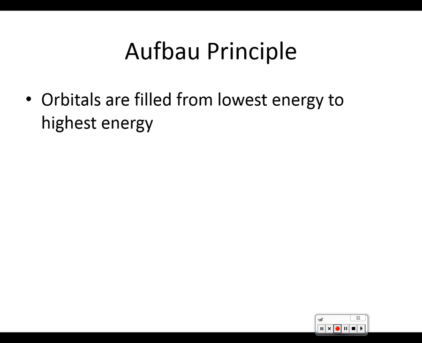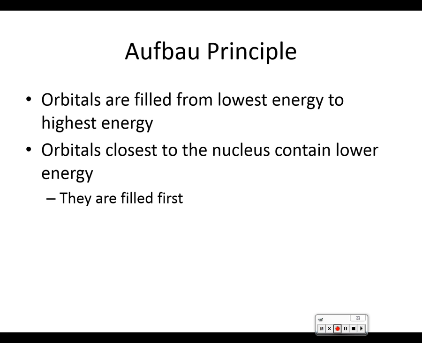The ones closest to the nucleus, because those are the ones that have the lower energy. So the Aufbau principle basically states that electrons fill from lowest energy orbitals to highest energy orbitals. And based on the work of Bohr and Schrödinger and the idea of quantization, that means that we're going to go from close to the nucleus to farther away from the nucleus.